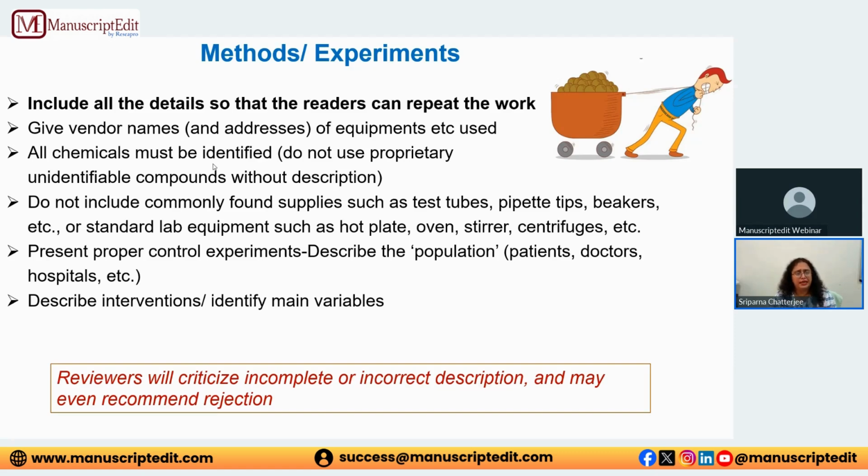The more detail you add in the experimental section, the more the chance of repeatability is enhanced. Reviewers always criticize incomplete or incorrect information in the experimental section, so be very attentive while writing it.